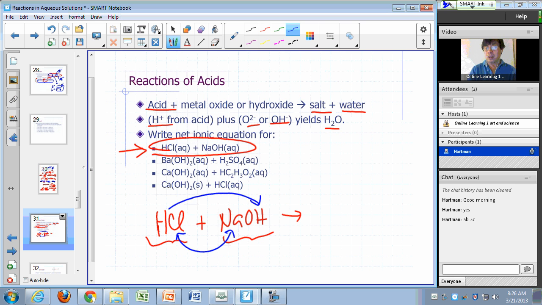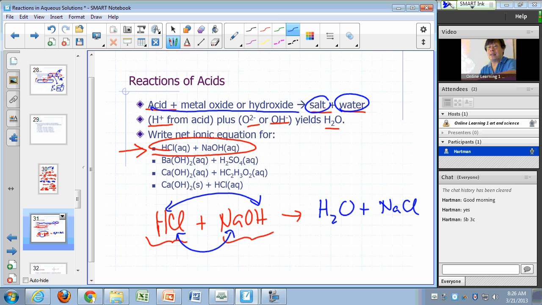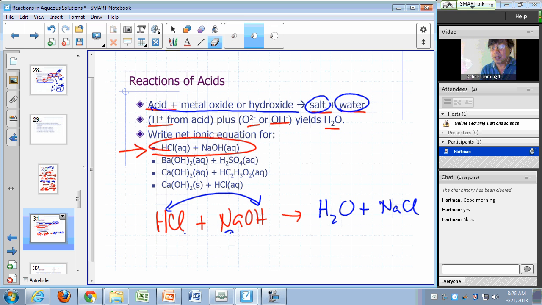H plus would combine with hydroxide to give you water, and the remaining ions will give you your salt, sodium and chloride. Acid plus a metal oxide or hydroxide gives you salt and water. That's a very basic prediction skill that you're expected to know. Acid plus base gives you salt and water.